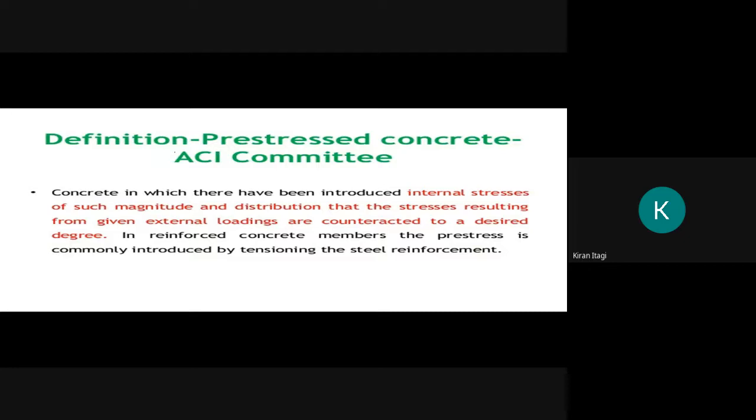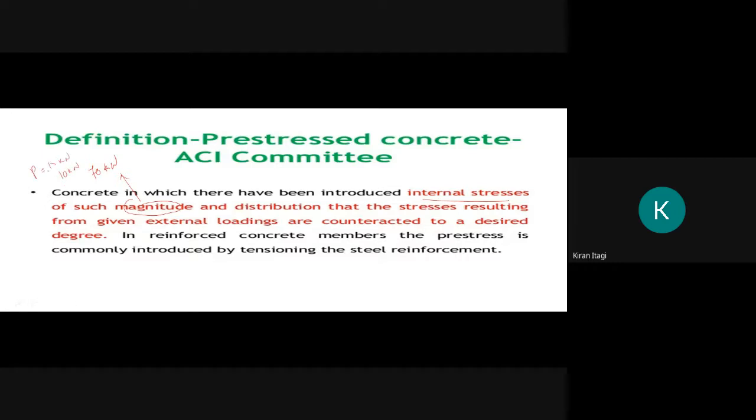Next one, definition of prestressed concrete by the ACI committee. Concrete in which there have been introduced initial stresses of such magnitude and distribution that the stresses resulting from the given external loads are counteracted to a desired degree. While solving problems we will see values either 70 kilonewton, 10 kilonewton, 15 kilonewton.